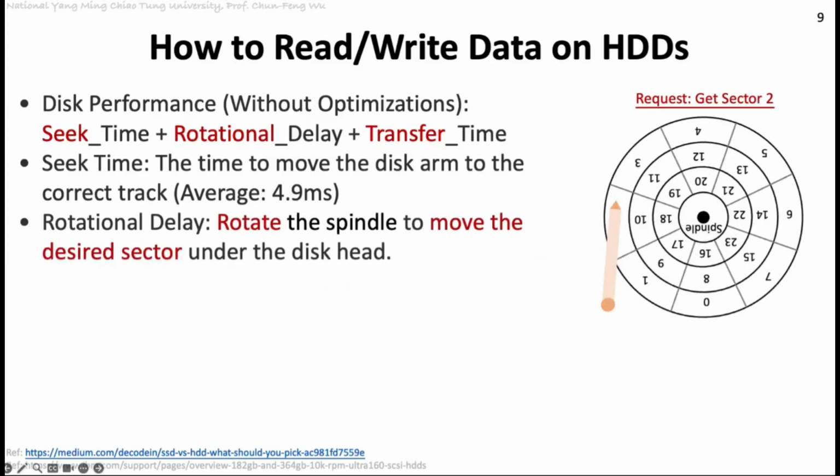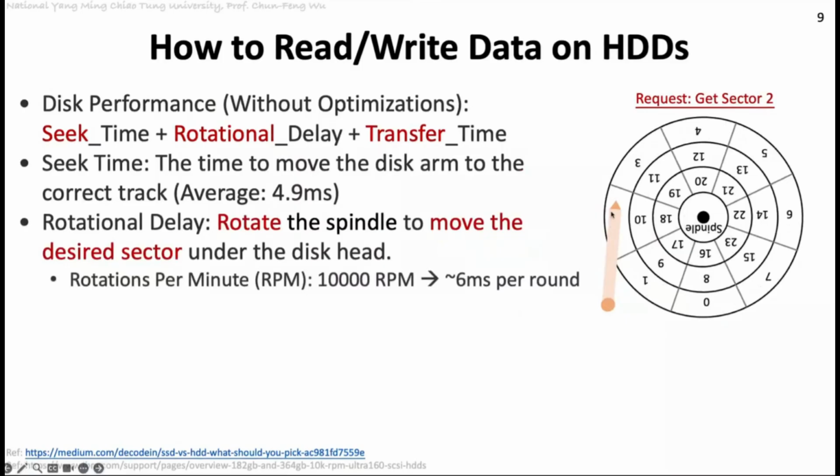The worst case is, for example, the head moved to the outer track and it is on sector 6, then we need to wait for half of the track to move. Long story short, rotation delay is the time to rotate the spindle to move the desired sector under the disk head. In this example, because the plate is rotating all the time, one day you can get the data from sector 2.